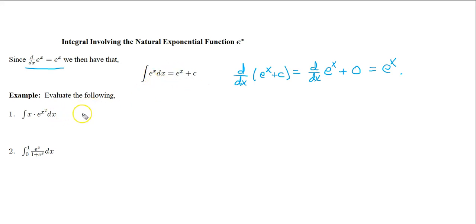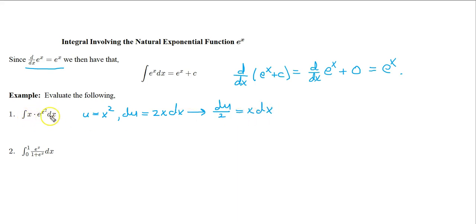We're going to let u equal the x squared term that's in the exponent right here. Then du is going to become 2x dx. And then just dividing the 2 to the other side, we get that du over 2 equals x dx.